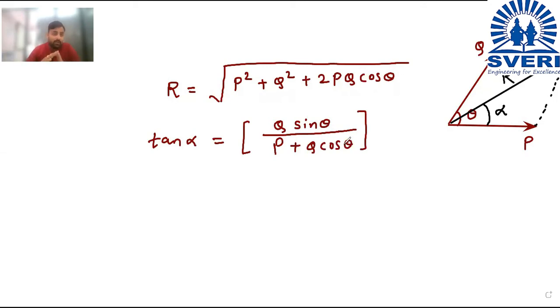Also, we have seen when the value of resultant is maximum and when it is minimum. It depends upon the value of cos theta. The maximum value of cos theta is 1; when cos theta reaches its maximum value, your resultant will reach its maximum value, R max. The minimum value of cos theta is -1. When cos theta reaches -1, your resultant will be minimum, R min.